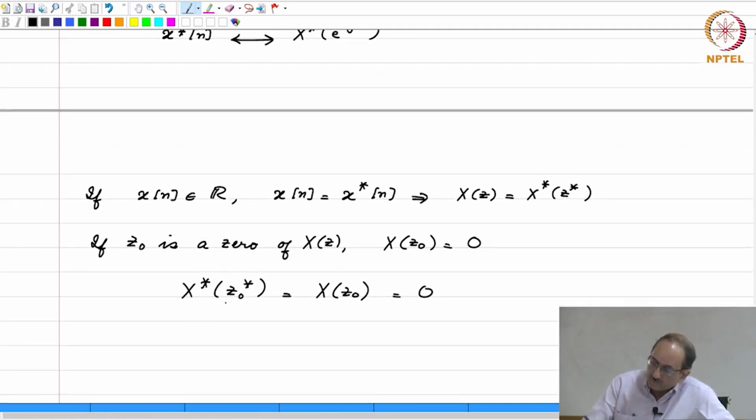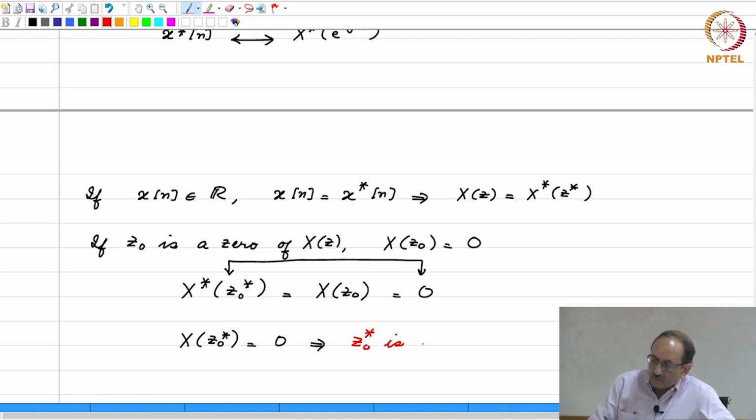Now, if you look at these two, complex conjugate both sides, therefore this becomes x of z naught star, and 0 complex conjugate is 0. Therefore, this implies that z naught star is also a 0.